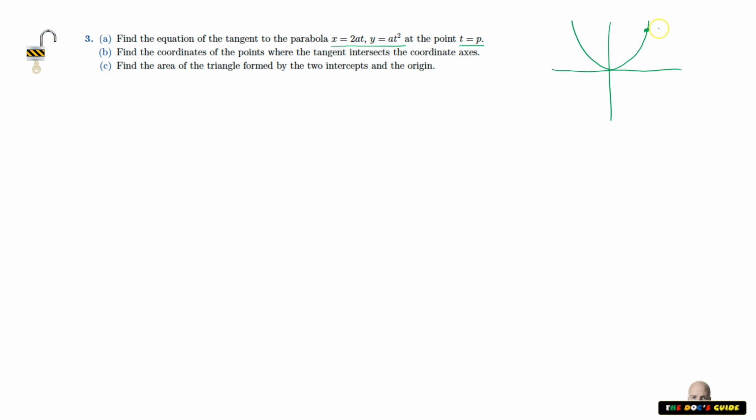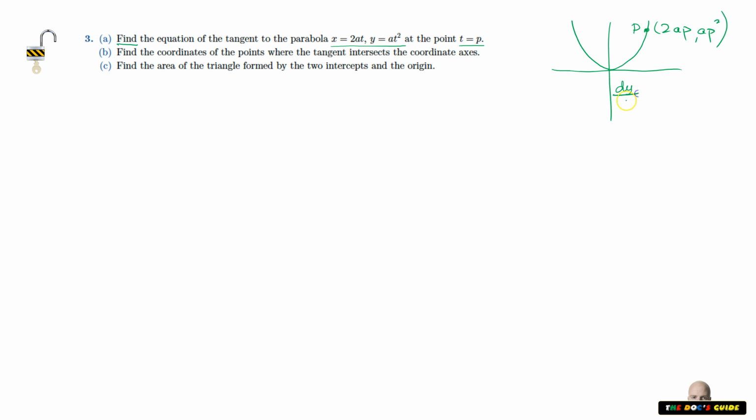We've got a point here where the value of the parameter is p. So the coordinates of this point will be (2ap, ap squared). Now, because it said find the equation rather than simply what is the equation, you should probably go through the derivation, although it's a little bit fuzzy, but we need to remember this process anyhow.